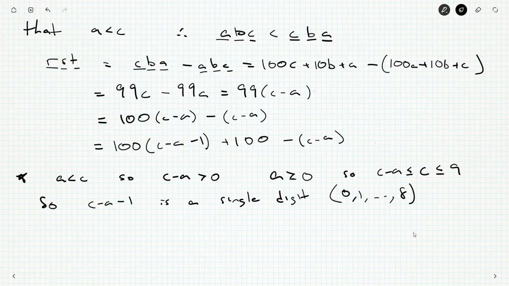Yeah, if that were 9 and 0, you'd still subtract 1 from it. So it's from 0 up to 8. That's fine. So we have an actual digit here. And then we need to show that 100 minus (C minus A) can be written as 10s plus t, which is really what we want. We know C minus A minus 1 is R now. That's fine.